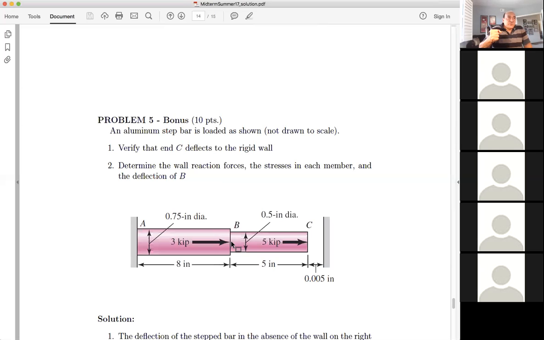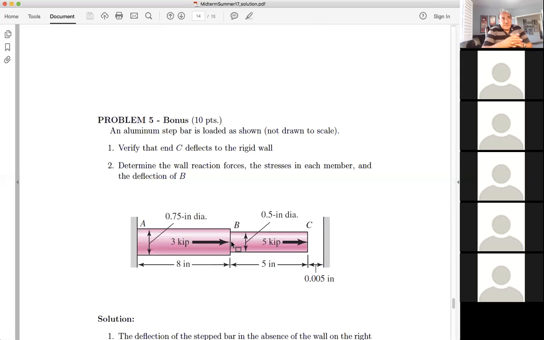So we have 5 pulling on C and 3 pulling at B, exactly at B, and then there's a gap. If the pull is so large, it's going to bounce against the gap, and then there's going to be a reaction from the wall that would modify these forces.